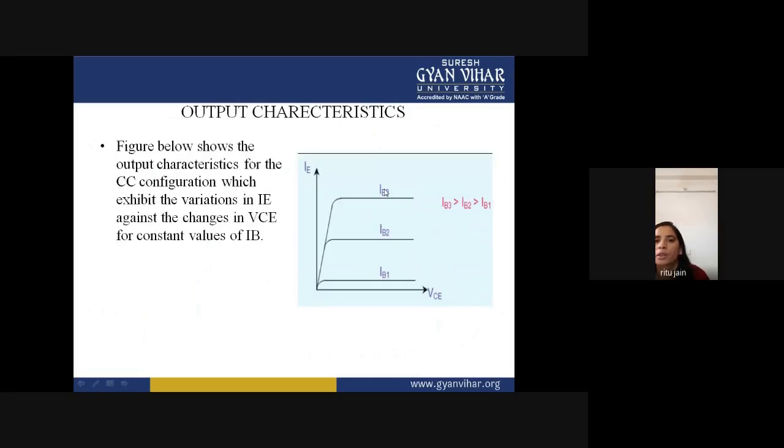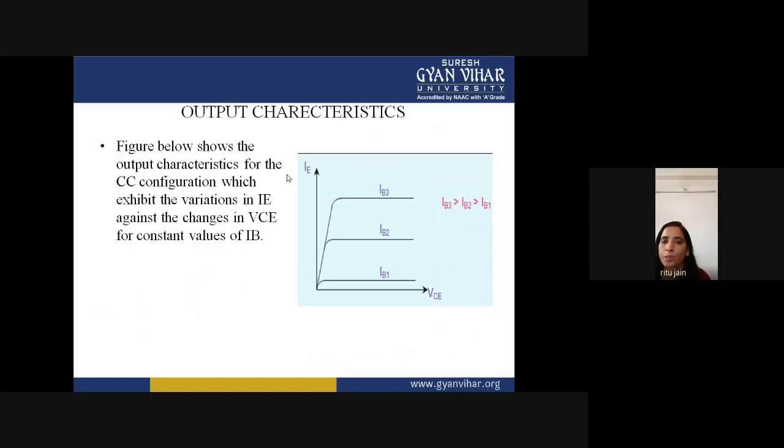Now output characteristic. The figure below shows the output characteristic for the common collector configuration. So output current for this transistor is your IE, emitter current, and output voltage is your collector emitter voltage. In output characteristic you have to keep the input current constant.